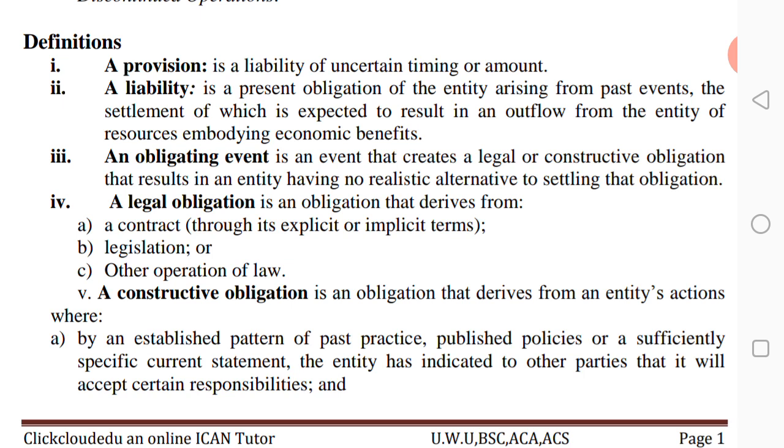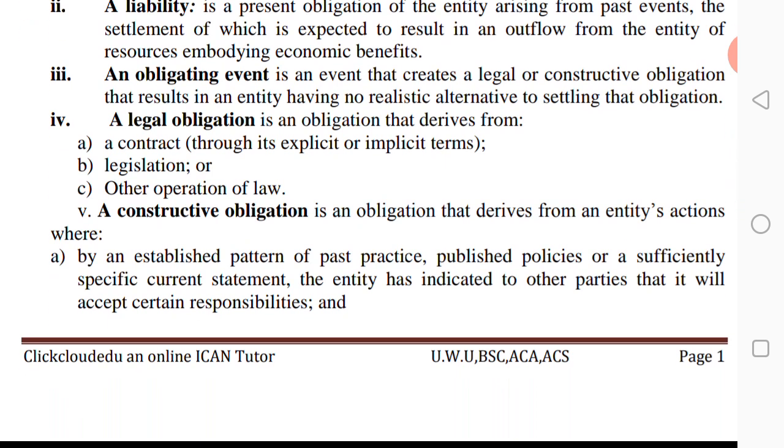So it's not a present something. It's a past event, and the settlement of that liability must be an outflow from the resources of that entity. They can pay in terms of assets, they can pay in terms of equity. So it depends on how they want to pay their liability.